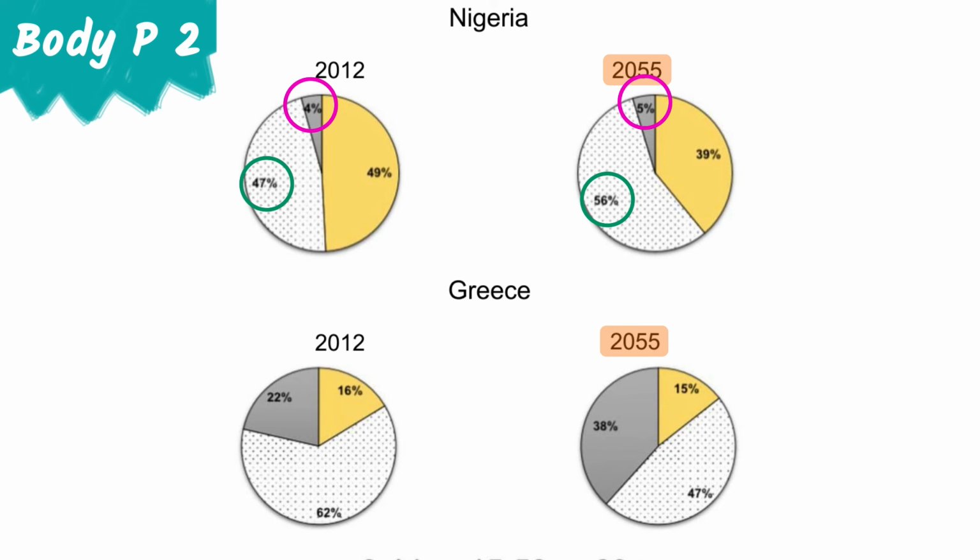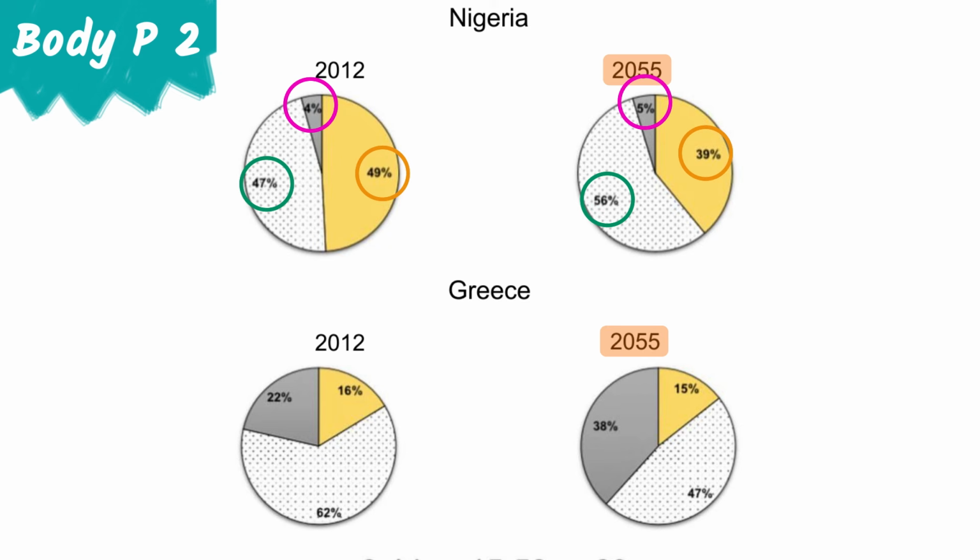And the young population is going to decrease by 10%, from 49 to 39%. Because in my previous paragraph, I've written about the data in 2012, here what I'm going to do is not talk about the percentage by 2055. I'm going to talk about the percentage of decrease and increase here, all right?